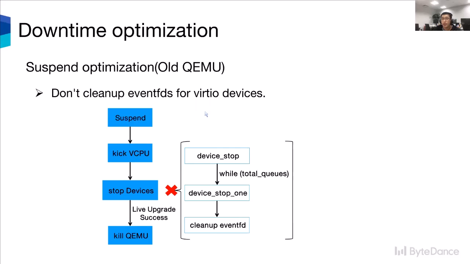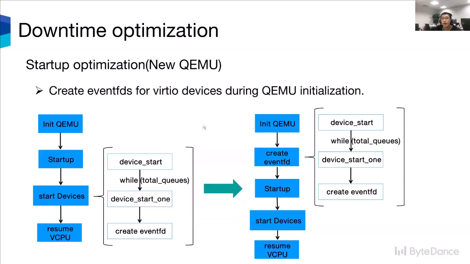However, the device event FDs will be freed by the system if QEMU doesn't free them. So device event FDs needn't be cleaned up by the old QEMU process while the live upgrade is successful.